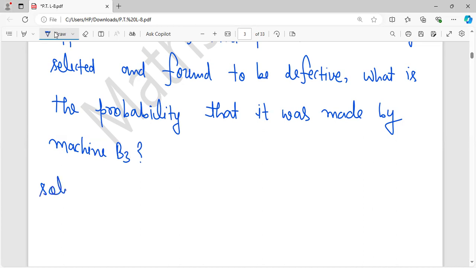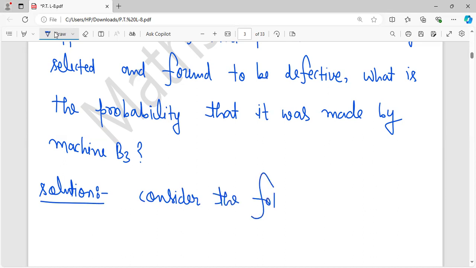So, solution. Consider the following events. A: the product is defective.